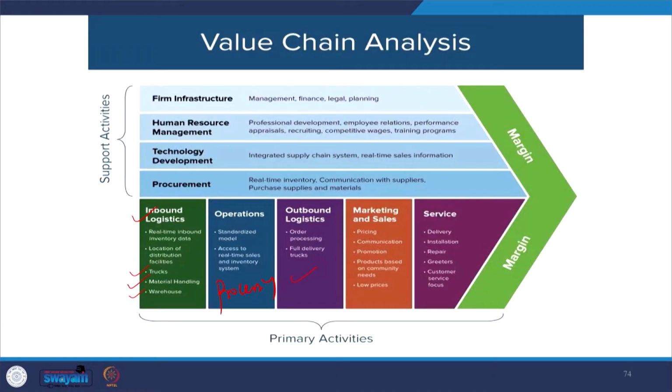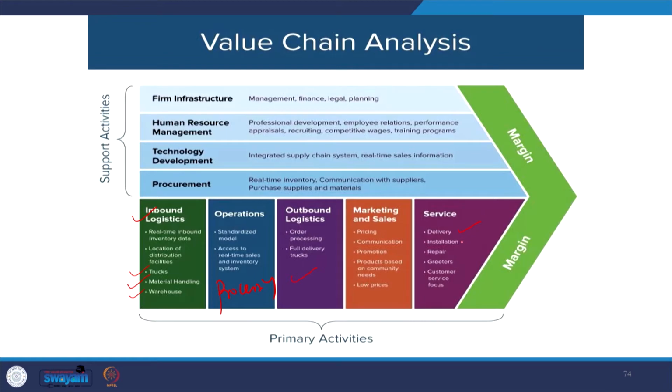And finally, what kind of service, because service becomes a very critical component of the B2B market, right. So, entire differentiation in the B2B market can be brought about with the help of service. For example, what is your delivery process, how much support you are providing to the customers during installation, repair and maintenance. So, all these different kinds of support, the warranty, the in-house maintenance, everything comes into the different possibilities of the service, right.